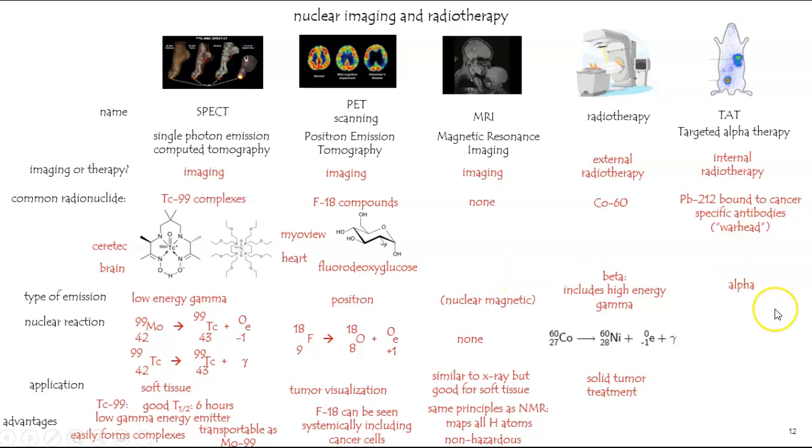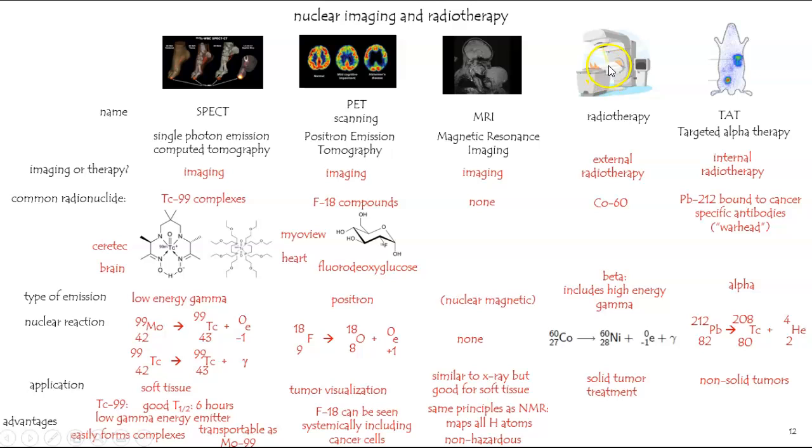This is an alpha emitter. These give shorter distances of their activity, right? With the external technique you can zap it from far away, but an alpha emitter has a much shorter distance that it covers because it's an internal technique. You want that. And this would be alpha emission of lead-212. When you do that, each of the molecules will then, in principle, and I hope it's true, go to the tumors wherever they are in your body, and they can be all over.